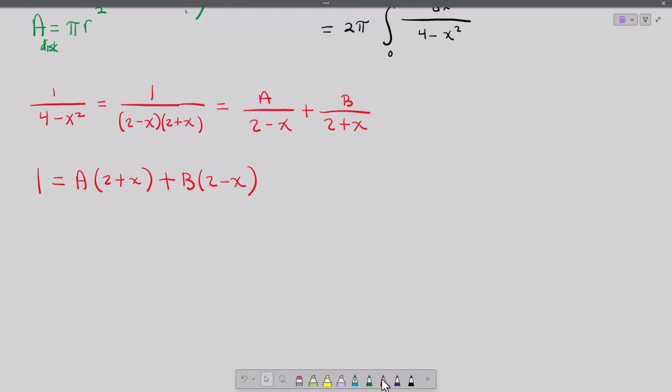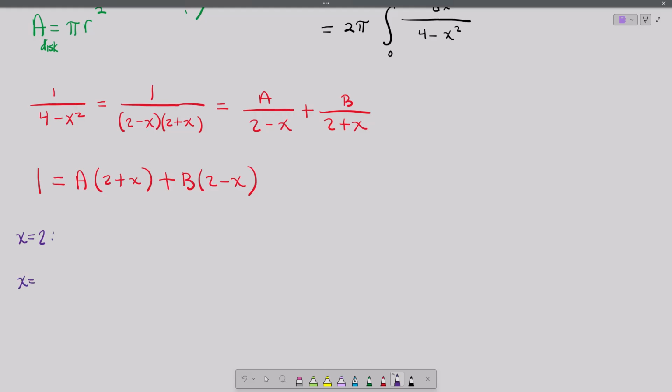Both those factors are linear, so what's the best technique here in terms of solving for those constants? Yeah, we're going convenient value method since both are linear. Convenient value method, when you have all linear factors, makes the most sense. So our convenient values are the zeros of the denominator.